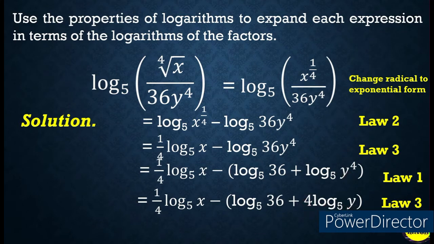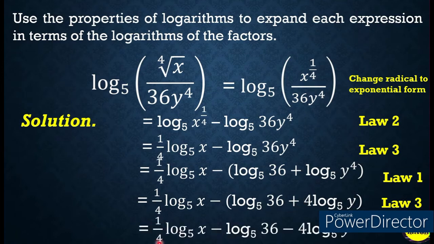So, what will be the final answer? Kasi kailangan natin i-distribute yung negative sign dito sa loob ng parenthesis natin. So, therefore, the final answer is 1/4 log of x with base 5 minus log of 36 with base 5 minus 4 times log y with base 5. So, this is the final answer.